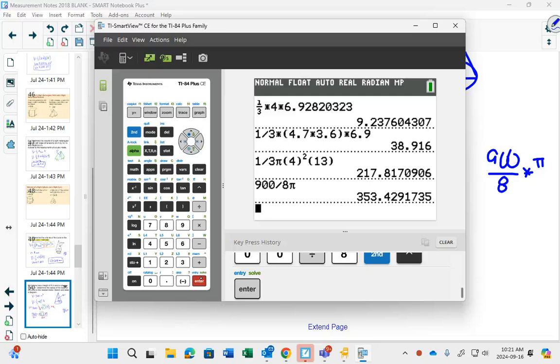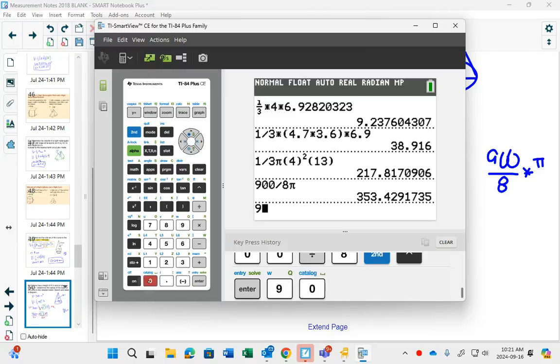Ooh, that's interesting. Okay. I would tend to say there's something that your calculator, maybe because yours has the divide sign instead of the slash sign. I'm not sure. Okay.